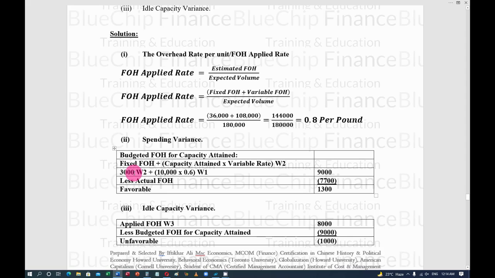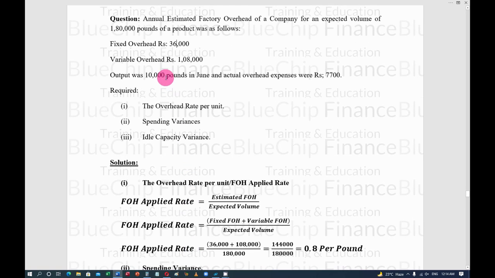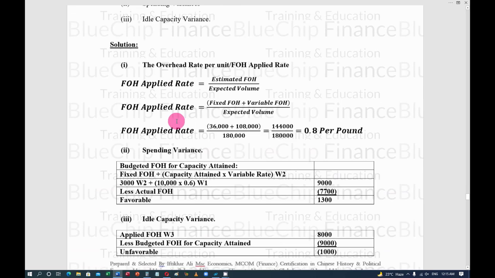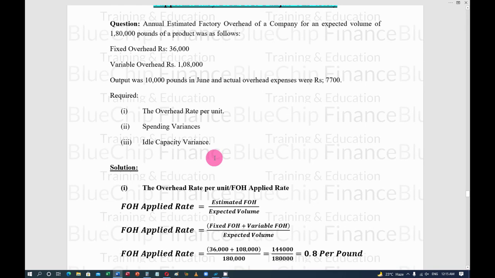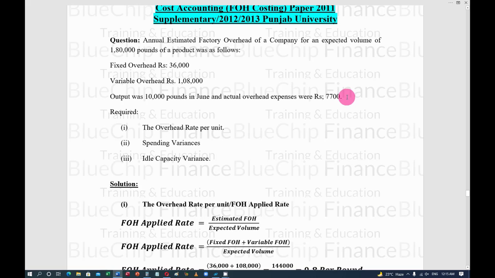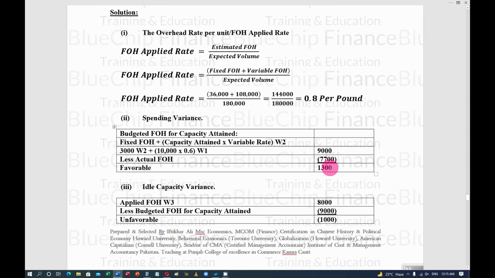So 3,000 plus capacity attained of 10,000 multiplied by the variable rate, which we already calculated as 0.6. So your budgeted FOH for capacity attained is 9,000, minus actual FOH, which is obviously given in the data, that is 7,700, and the result is positive 1,300, that is favorable.